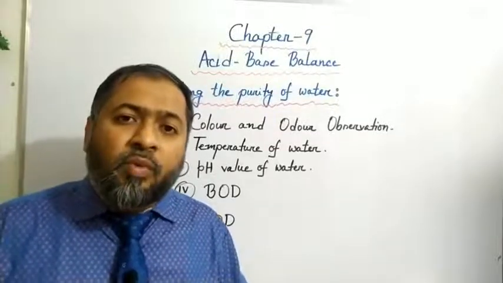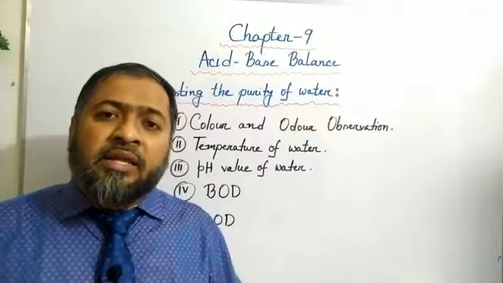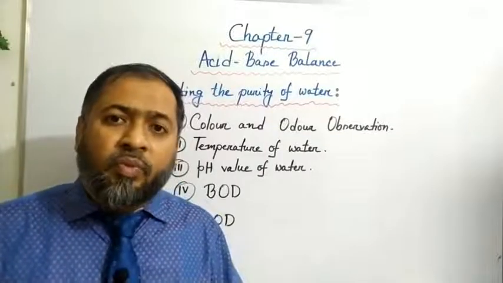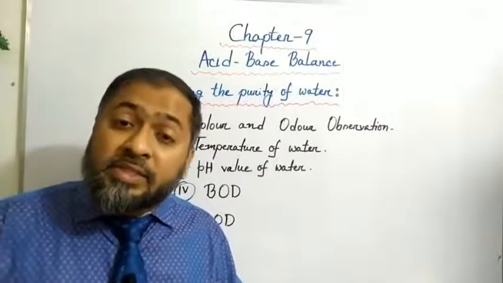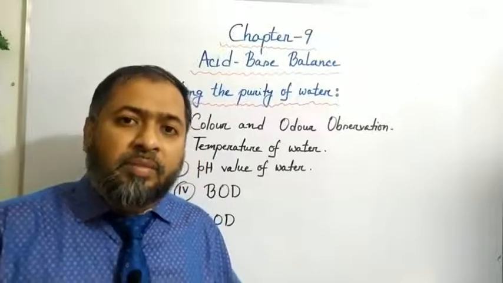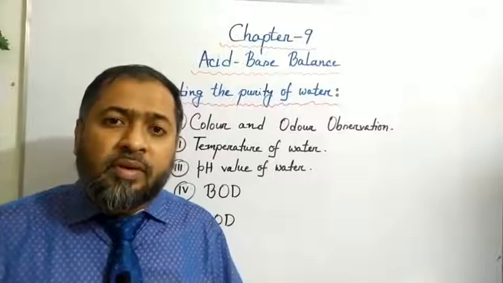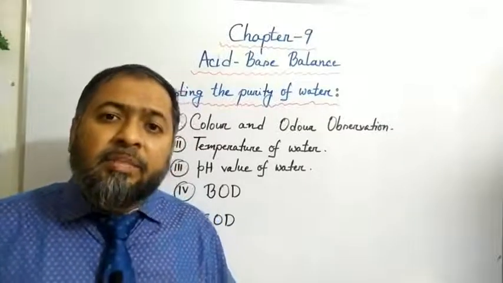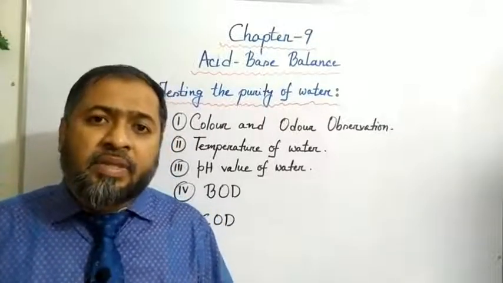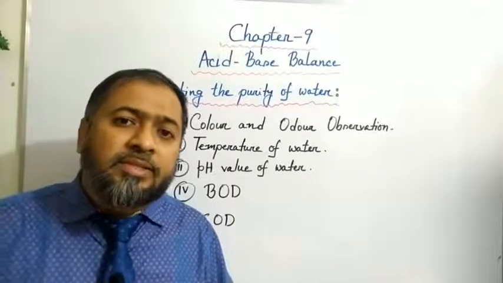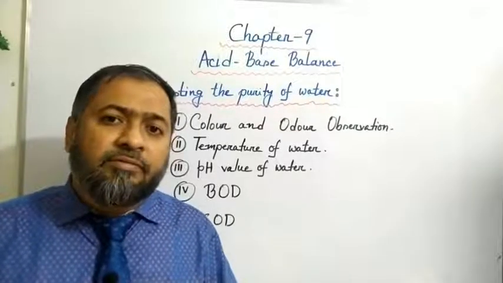This polluted water is created in different types of power plants, where water is used to cool down the power plant, and this hot water comes to the water reservoir and makes the temperature of water higher, which causes serious problems in aquatic life.